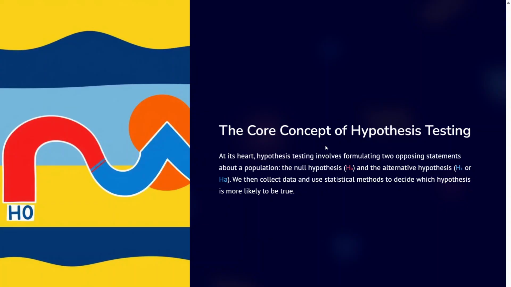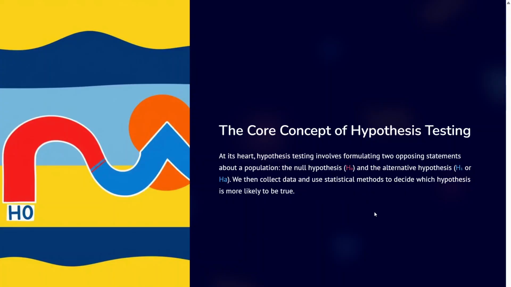At the heart of hypothesis testing, there are always two competing statements. The first is the null hypothesis, often written as H0. It is like the default assumption. It says there is no effect and no difference. Relating it with the earlier example from the company, we can say the newer battery has no difference from the older one.